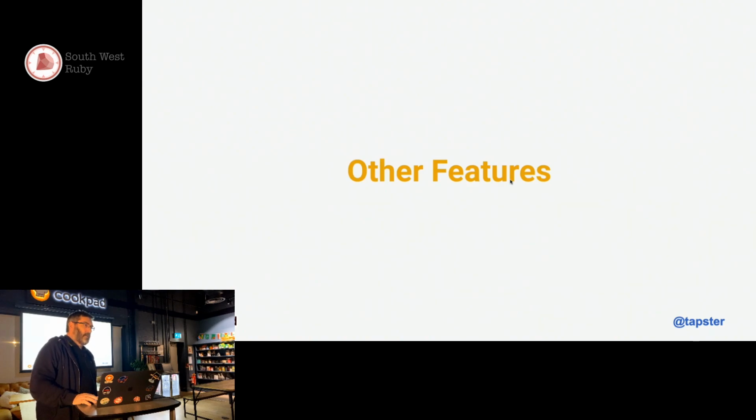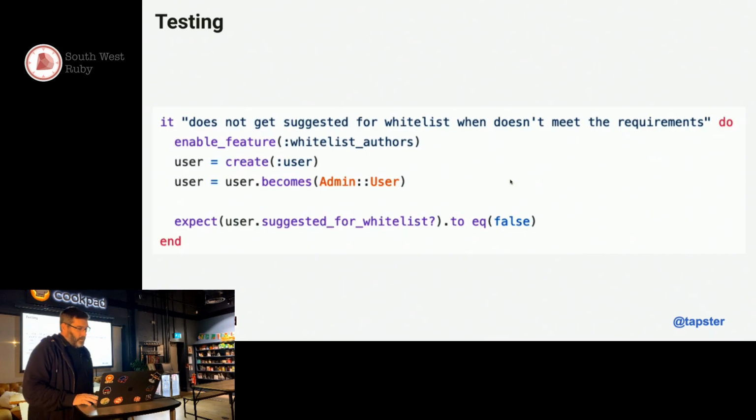Some other features, something that Carl pointed out to me today, is that we've changed how we test features. Originally we couldn't enable the feature toggles, so you just couldn't test them. That didn't work. Then you could enable them all, but had all kinds of weird side effects.